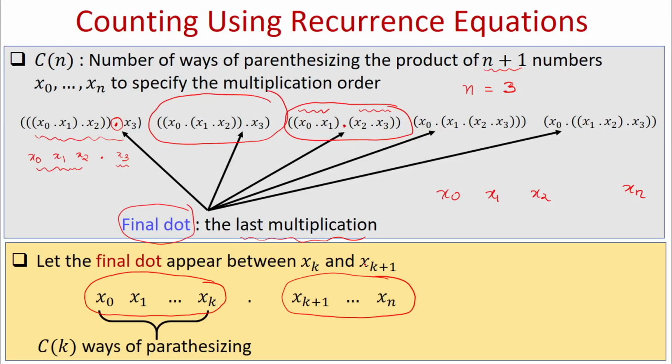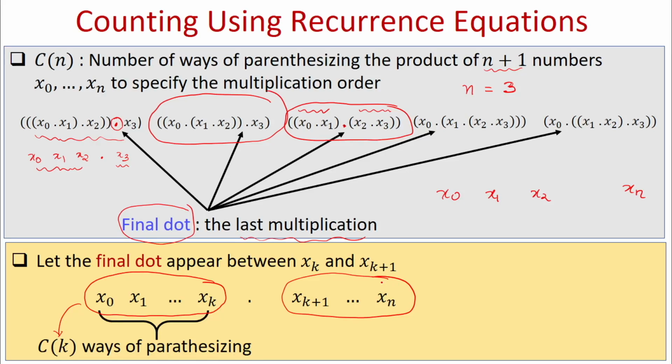The sequence to the left hand side of the final dot and the sequence to the right hand side of the final dot. The sequence to the left hand side of the final dot has k plus 1 values. So what can be the total number of ways of parenthesizing that sequence or specifying the multiplication order for those k plus 1 values? Well, as per our problem definition, there are a total of c of k ways of parenthesizing those k plus 1 values.